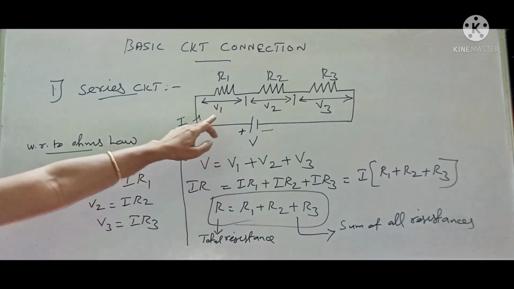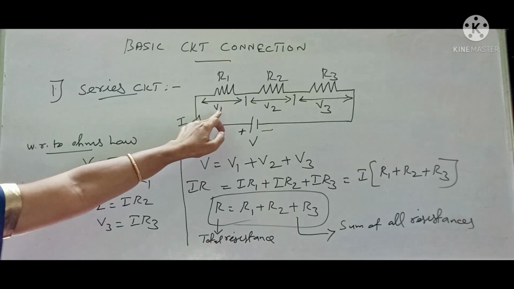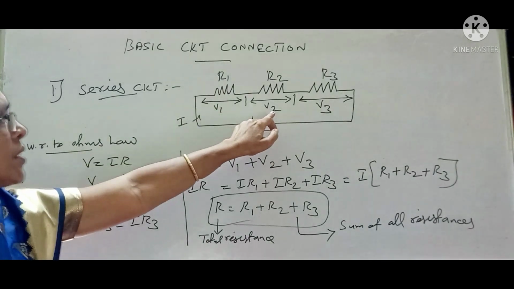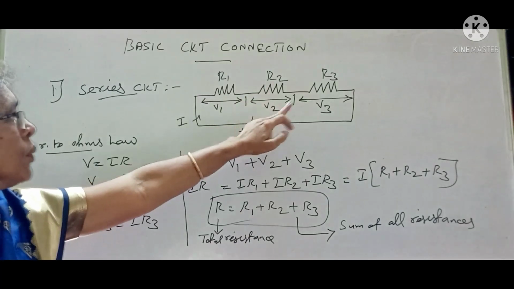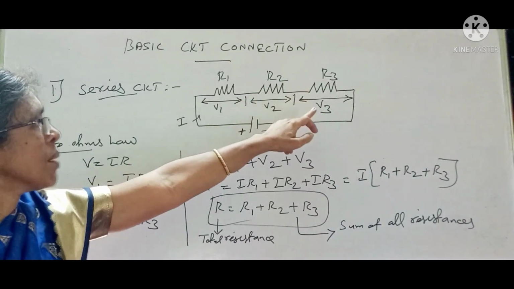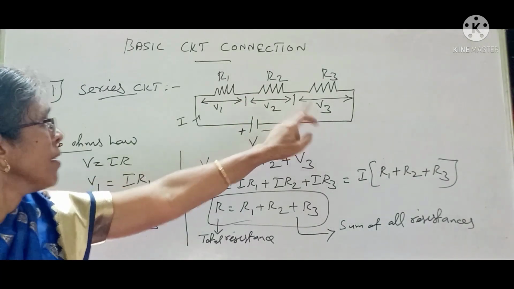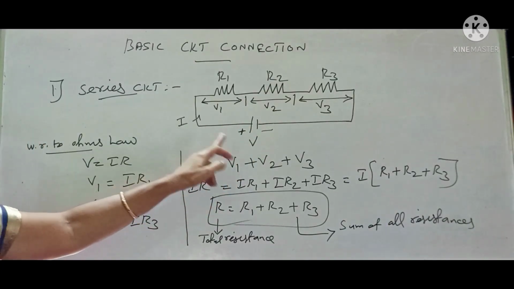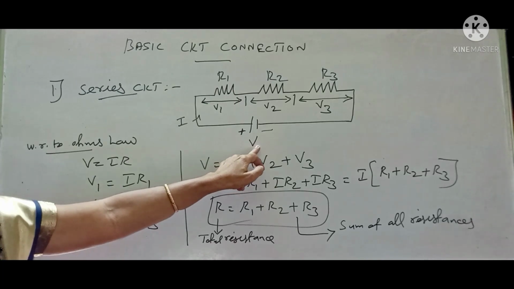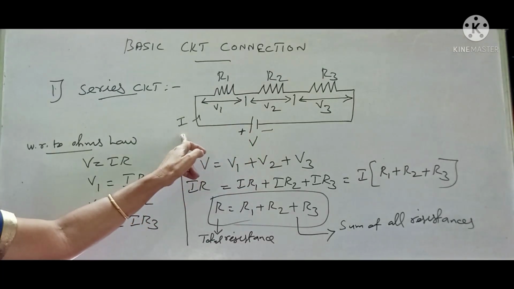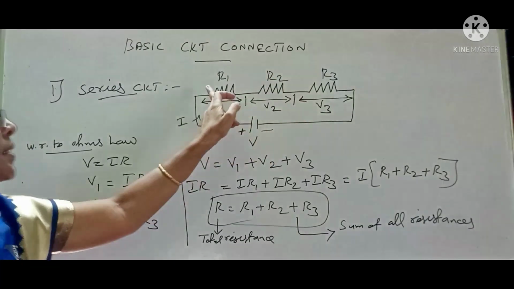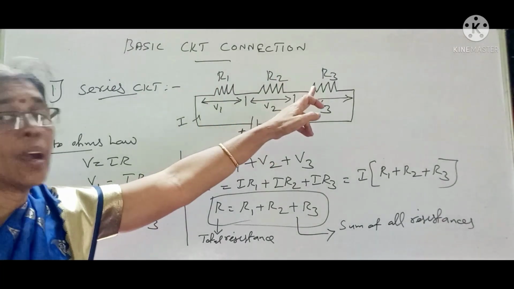V1 is the voltage drop across the resistor R1. V2 is the voltage drop across R2. V3 is the voltage drop across R3. The main current I flows continuously through the resistors R1, R2 and R3.